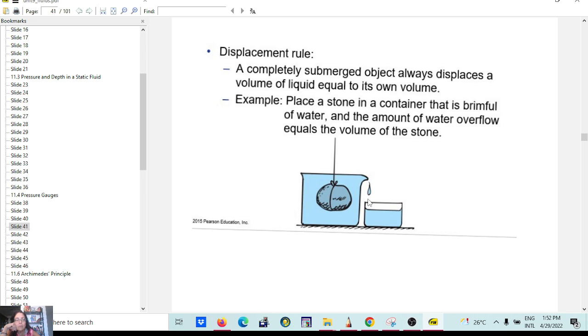Yes. That the water displaced here, so the water that had overflown, will be equal to the volume of the object that is totally submerged. Okay, it won't be the same if the object floats, but if the object wants to sink, then the water that is overflowing here, its volume, called the volume of the water displaced, will be equal to exactly the volume of the object here.